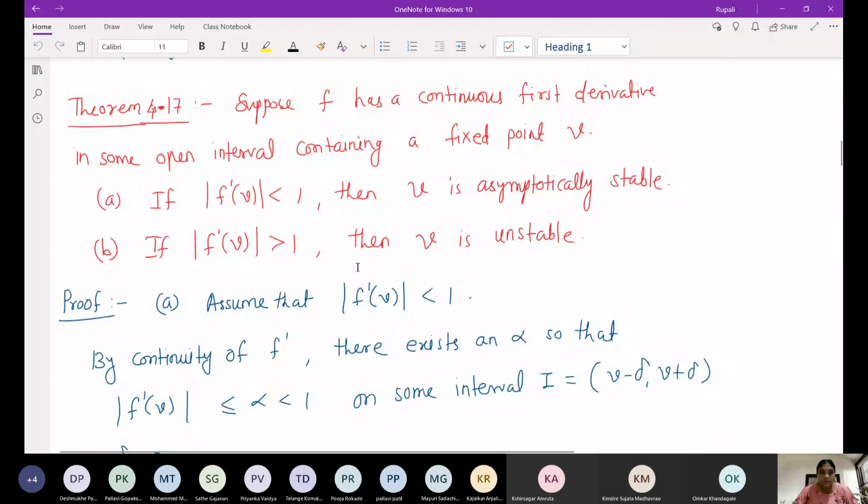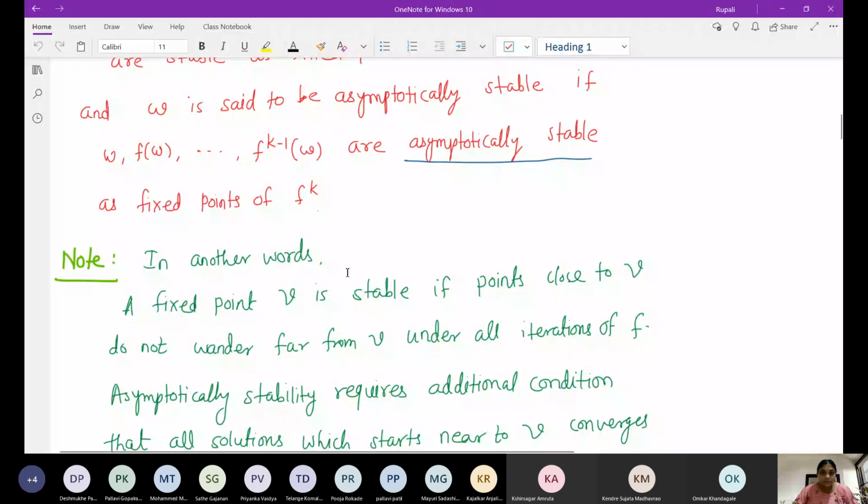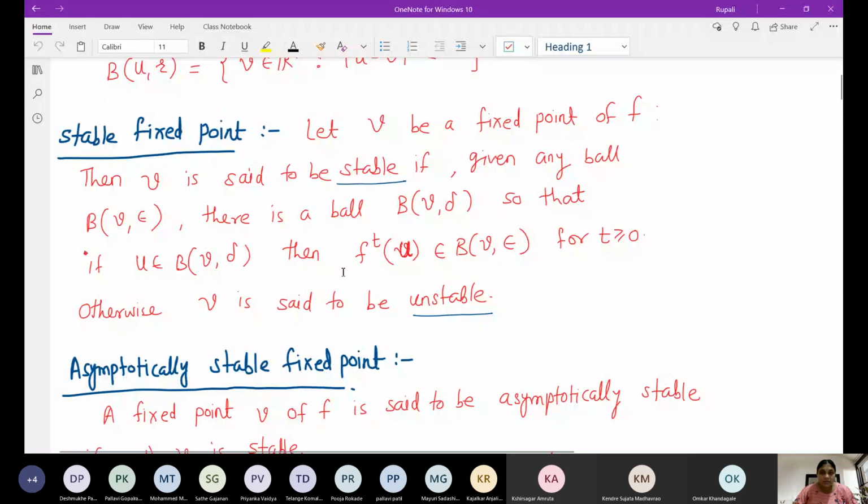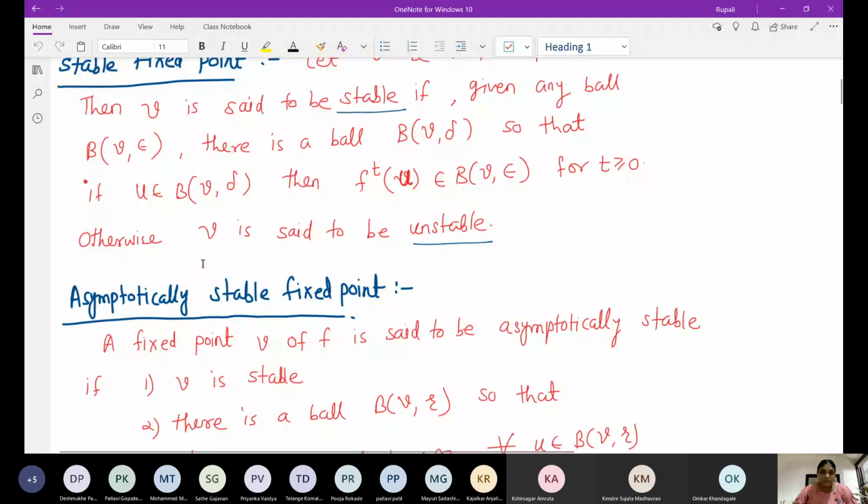Stable fixed point: v is said to be a stable fixed point if, given any ball B(v, epsilon), there is a ball B(v, delta) so that if u belongs to B(v, delta), then f raised to t at u belongs to B(v, epsilon). It means the points near v do not wander far from v under all iterations of f. Otherwise, it is said to be unstable.